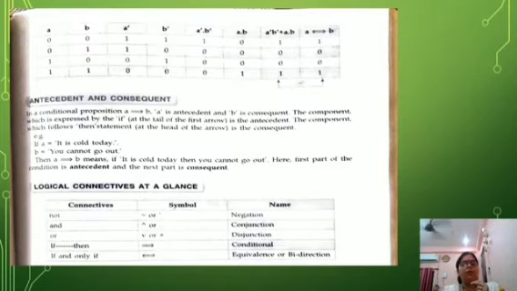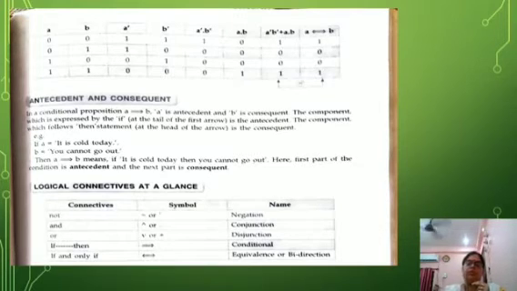See how here you can say this is your antecedent and this is your consequent. It means if it is cold today, then you are going to go out. Here the first part of the condition is the antecedent and the next part is the consequent.